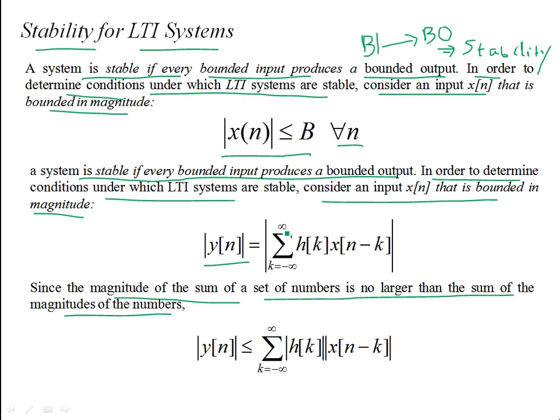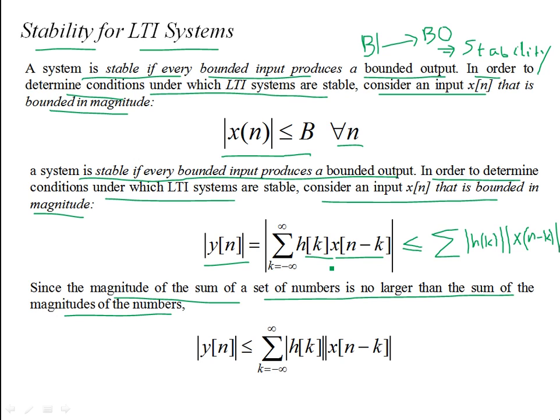what it means is that if I take the magnitude inside the summation, the right hand side is still greater than the magnitude of the entire summation, taken on the impulse sequence and the input sequence. Since we are multiplying the samples of x of n minus k by h of k, some of the samples might be negative.